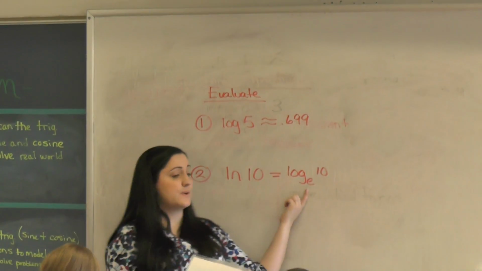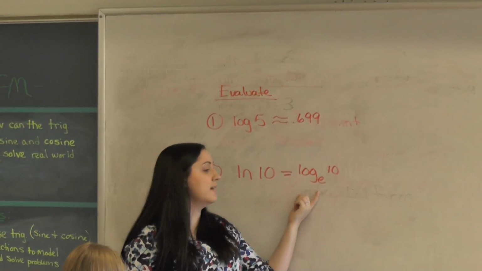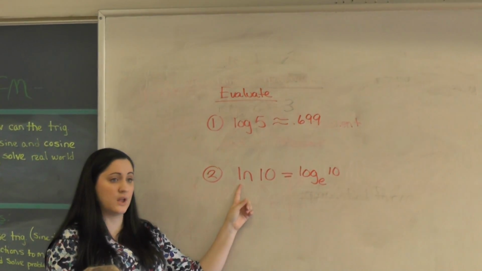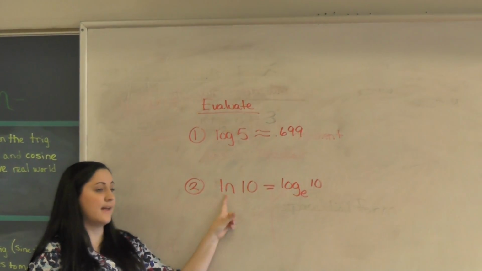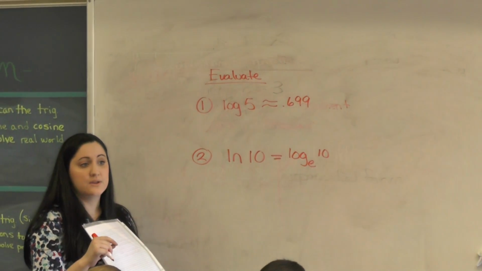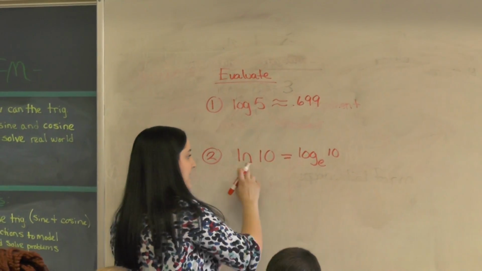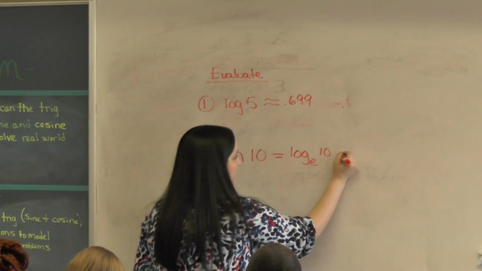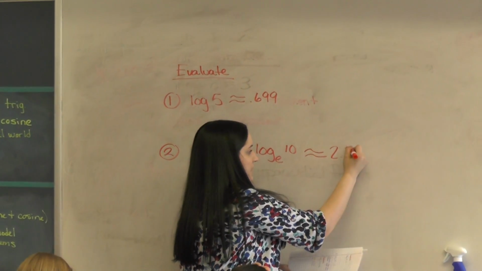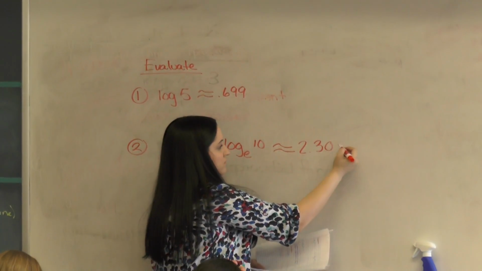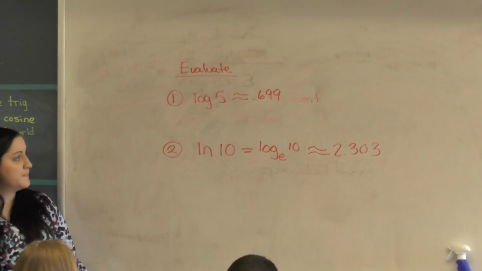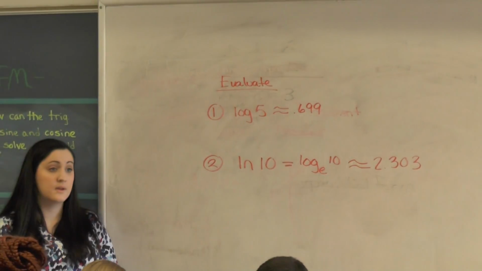Okay, well, e is also a number in your calculator. And when we have a logarithm of base e, we use what is called the natural logarithm. Okay, so natural log, ln. In your calculator, you'll also see ln. It's right underneath your log button. So you just type in ln of 10 and press enter. 2.303. That's the answer.